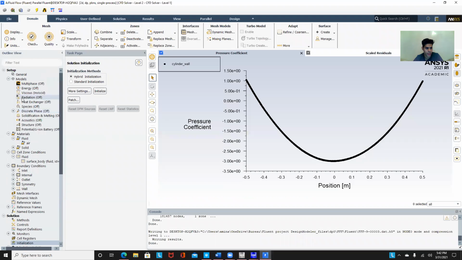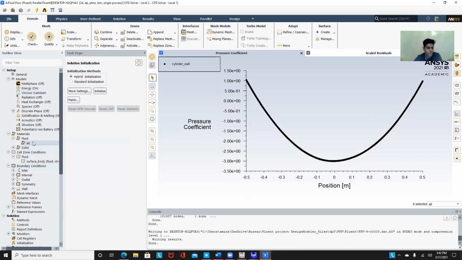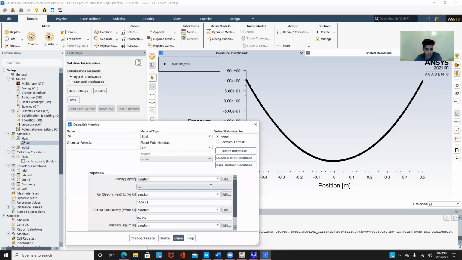For the second case, what I did is I turned my energy on, right? I only turned my energy off for the first case, but for the second and my third case, I turned the energy on. So we go to viscous, laminar, press OK, and now I have to change my properties here.